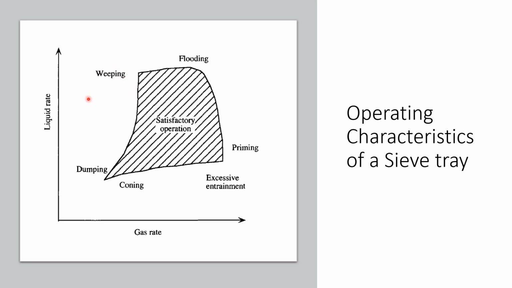We should never cross those lines, and to control that we need to control the liquid flow rate and the gas flow rate. This is why the determination of the diameter of the column is mainly based on fluid mechanics. It's not based on mass transfer rate.